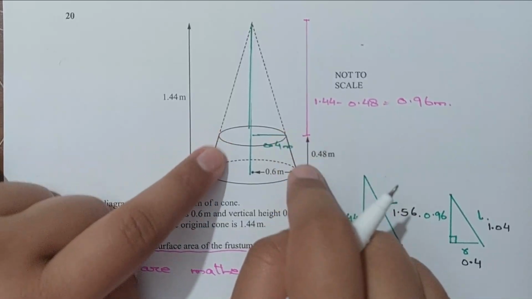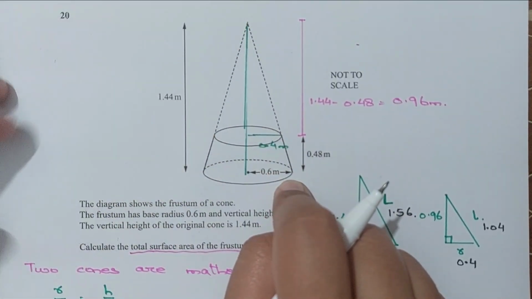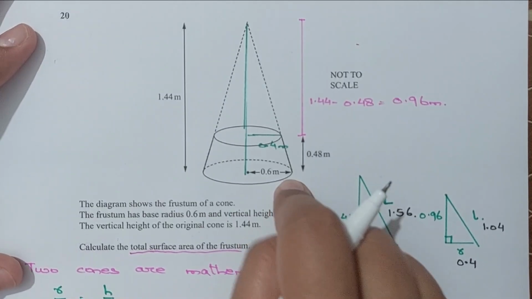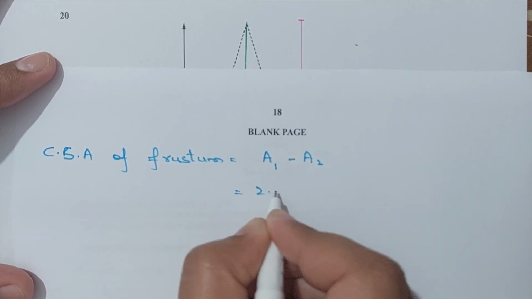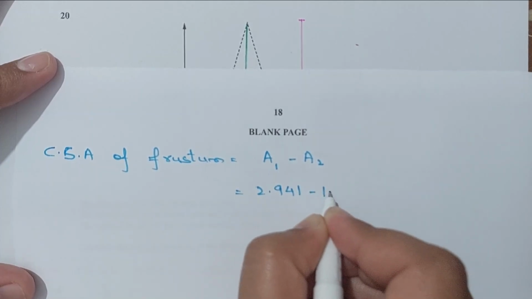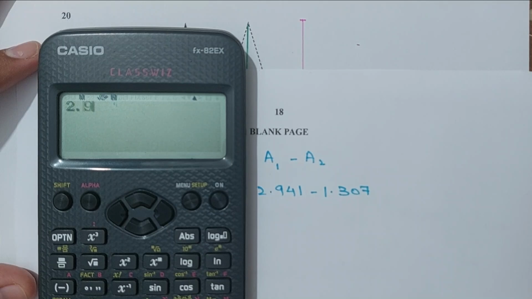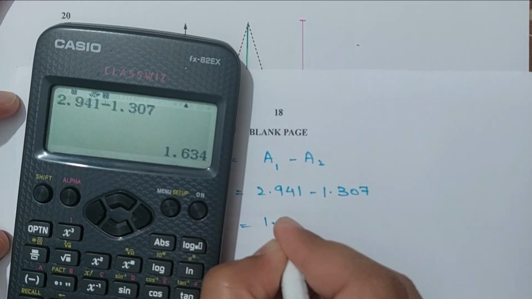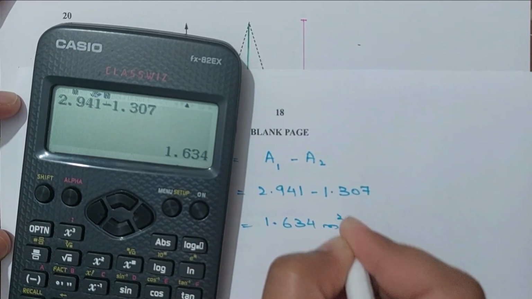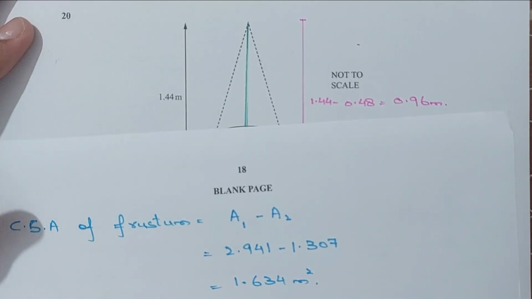Here is the curved surface area of the frustum. To get this, from the larger cone, subtract the smaller cone, because the smaller is not part of the frustum. So 2.941 minus 1.307 equals 1.634 meter squared.